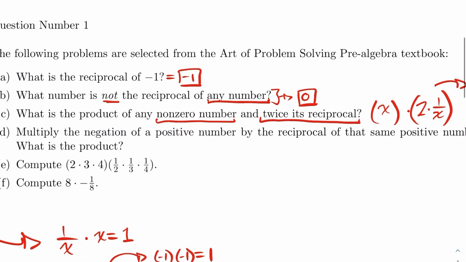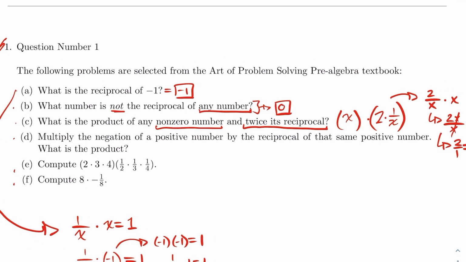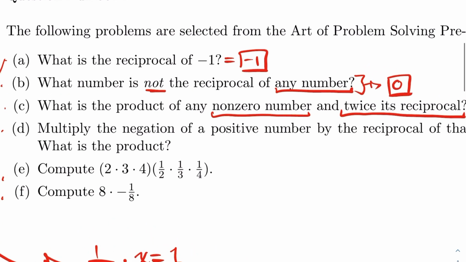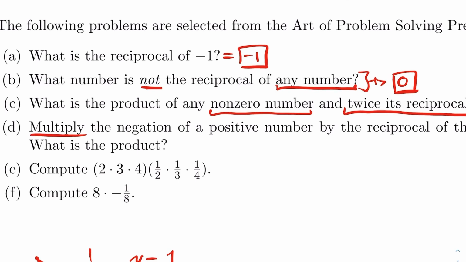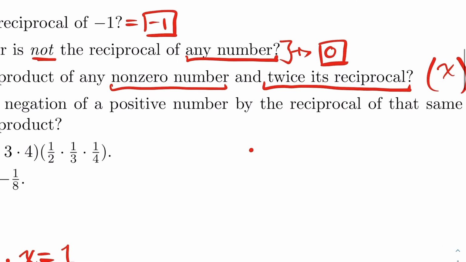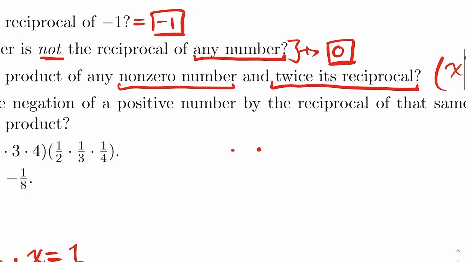For problem D, multiply the negation of a positive number by the reciprocal of that same positive number. What is the product? Let our number be x.